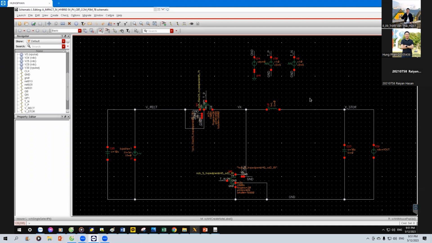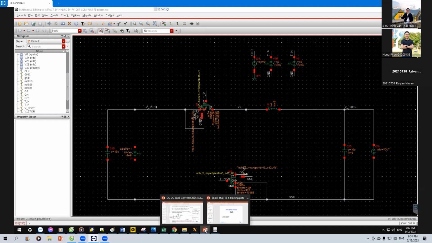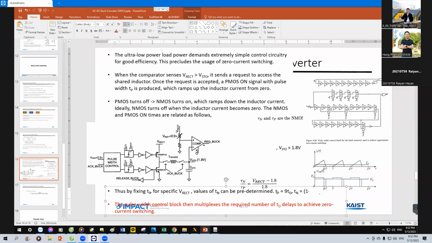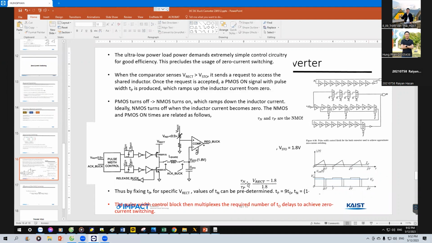Okay. I will make the test plan anyway, and then you guys should change the CP, you fix TP and then you change TN, to make different VREF, right?